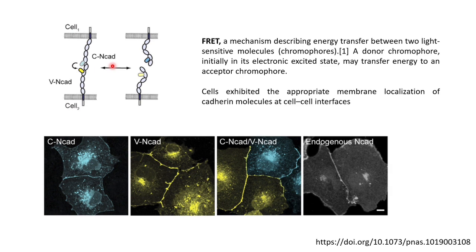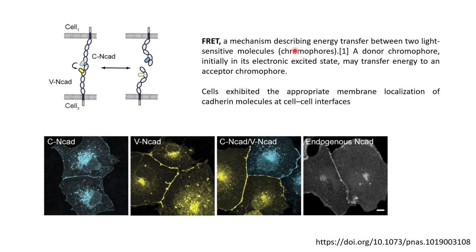So one is this, the C and V that we are able to see here. These are two different chromophores actually. V is for Venus and C is for another chromophore. So here what they have done is they have done the FRET analysis. So in FRET analysis, what usually is studied is that in this mechanism, energy is transferred between two different sensitive chromophores.